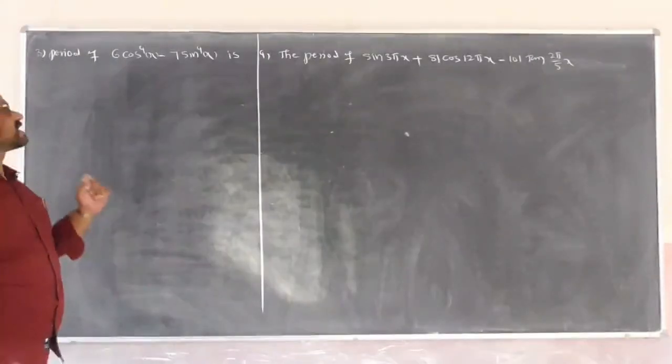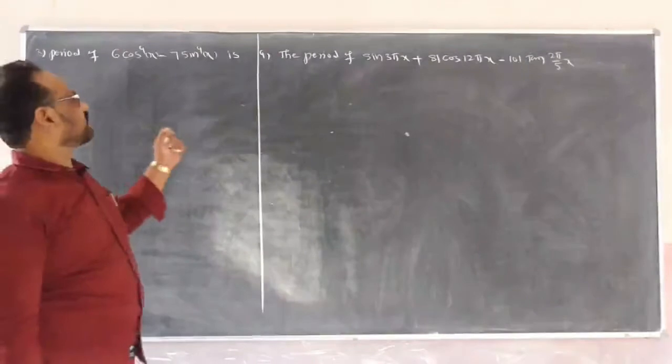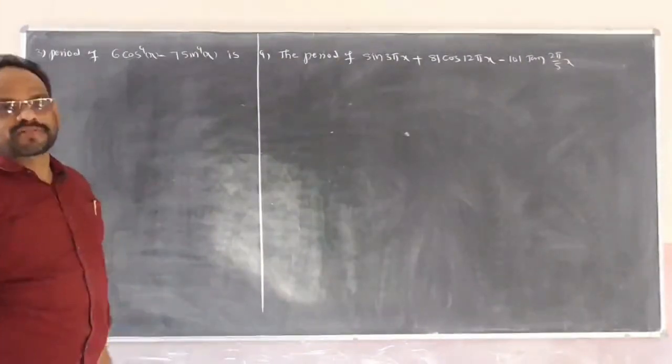Next, the period of 6 cos power 4x minus 7 sin power 4x. We want the period.